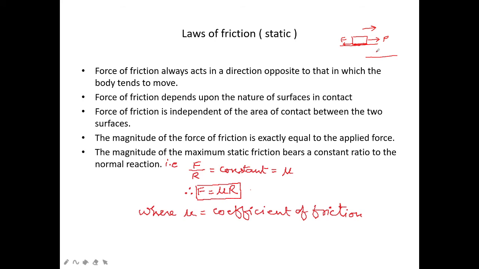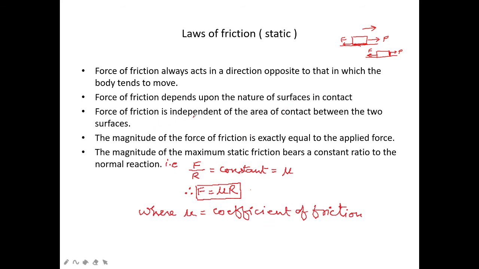Then the friction acting on this body will be different because the nature of surfaces are different. In the first case, it is a friction between masonry and the wood, and in the second case, it is a friction between tiles and wood. So the force of friction F will be different, although the body is the same. So it depends upon the nature of surfaces in contact.